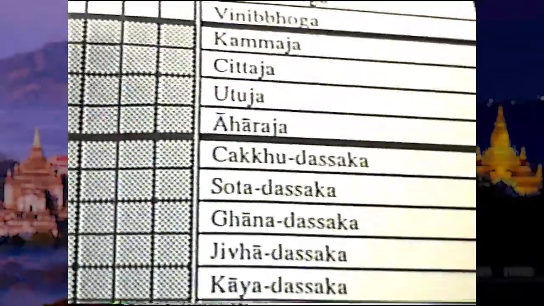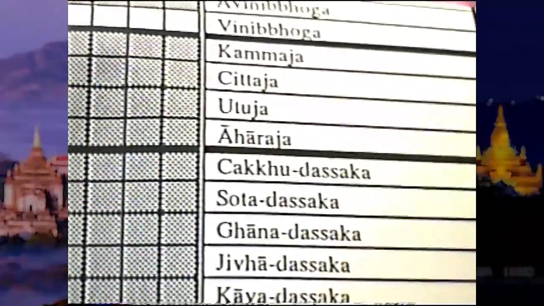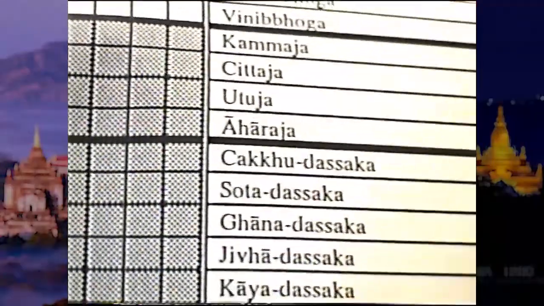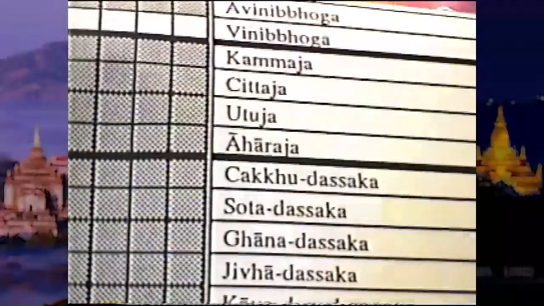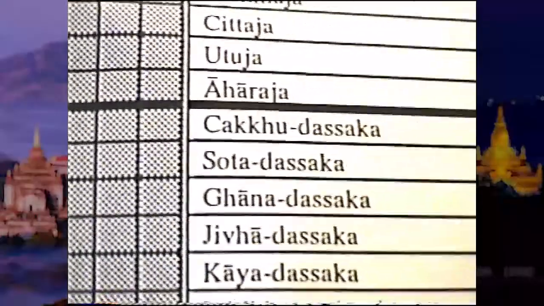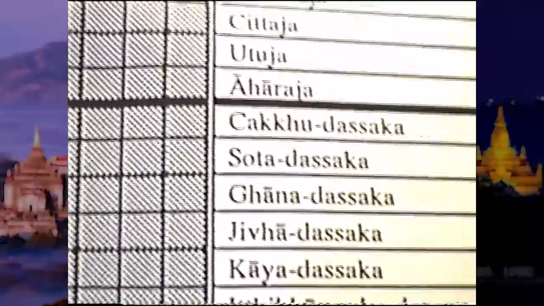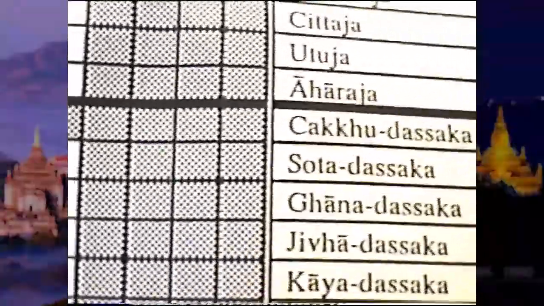Then the next decade is Sota Dasaka. Here you substitute Sota for Chakku. So 8 inseparables, Jivita plus ear sensitivity. These 10 are called Sota Dasaka, ear decade. Then the next is 8 plus Jivita plus nose sensitivity, called Ghana Dasaka, nose decade.